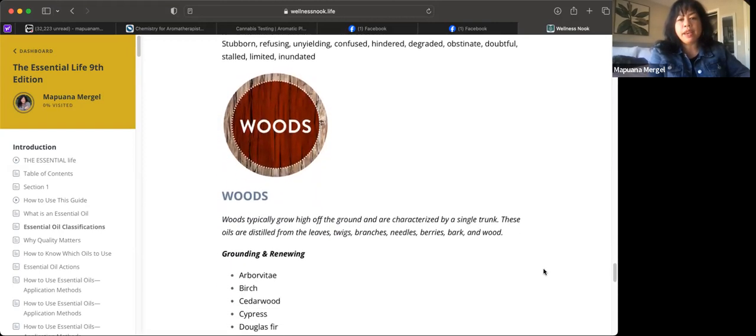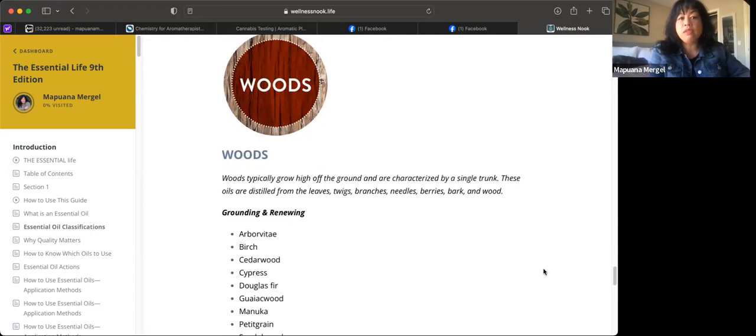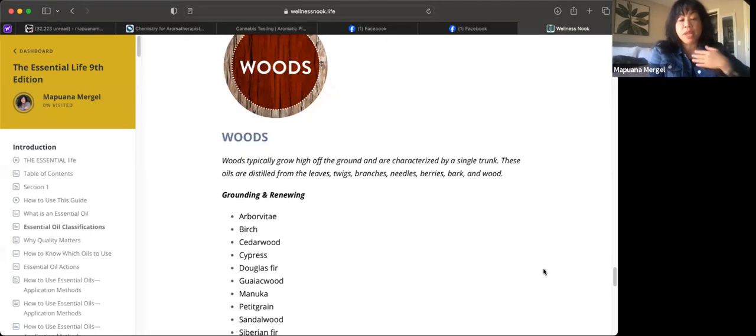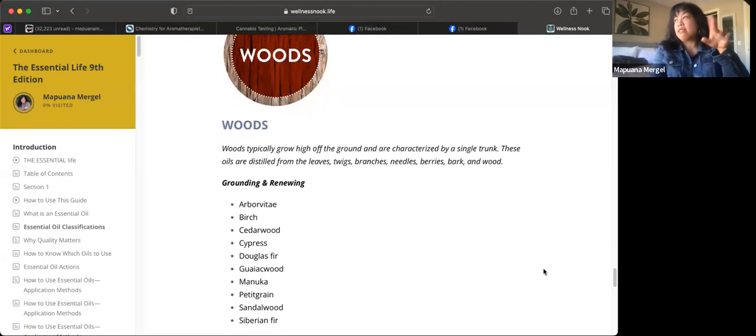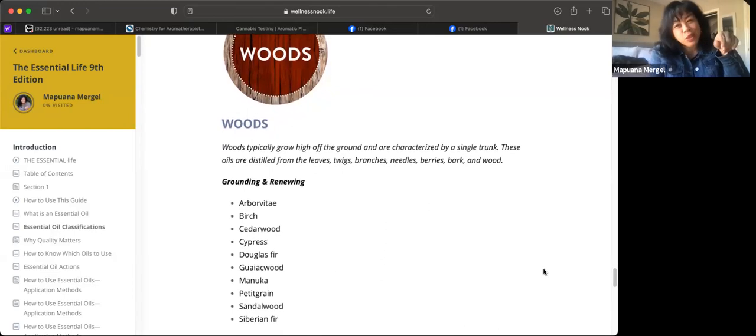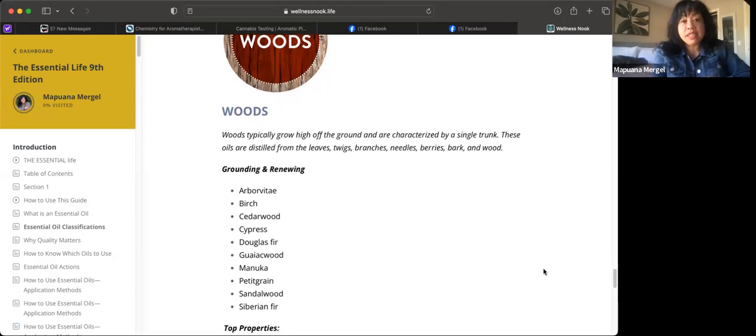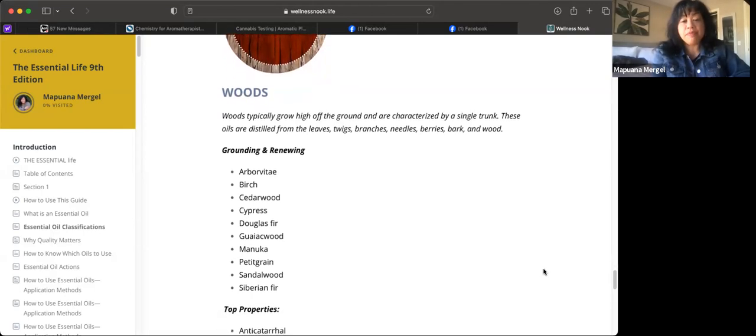And then we have the classification of woods, which are my second favorite. I like florals and I also like woods. So woods typically grow high off the ground and are characterized by a single trunk. These oils are distilled from the leaves, the twigs, the branches, the needles, berries, bark, and the wood. So they're grounding and they're renewing.